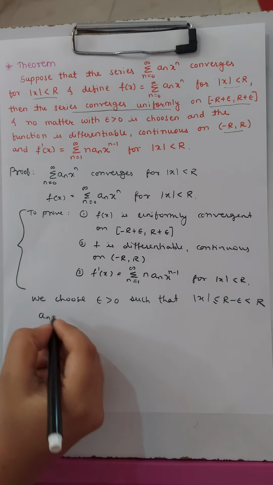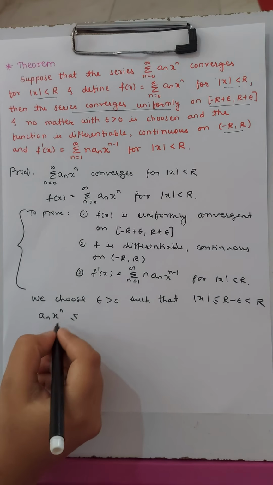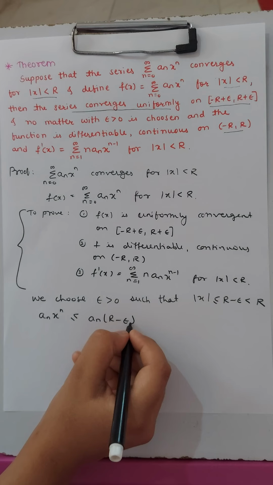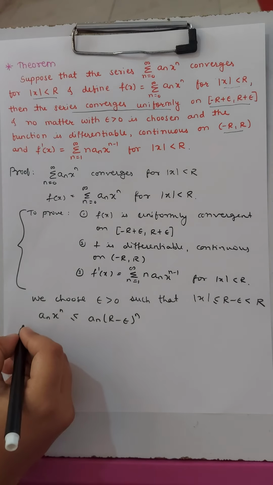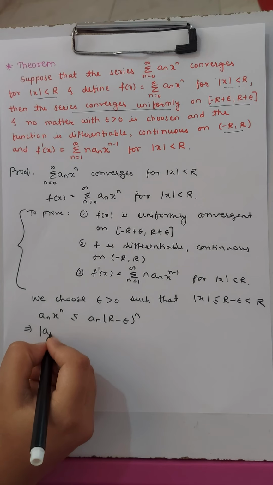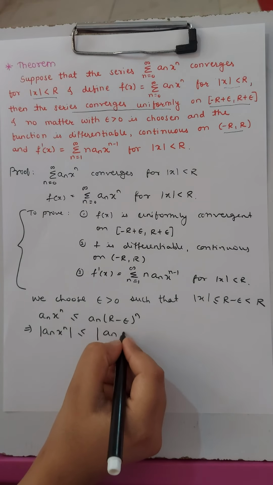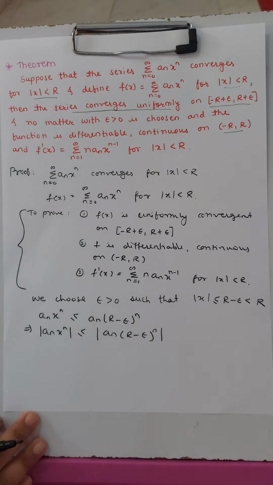Then a n x to the power n, taking mod on both sides, we get mod of a n x to the power n less than or equal to mod of a n in bracket r minus epsilon to the power n.